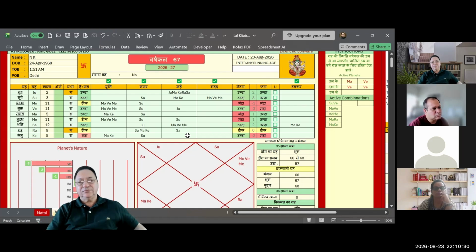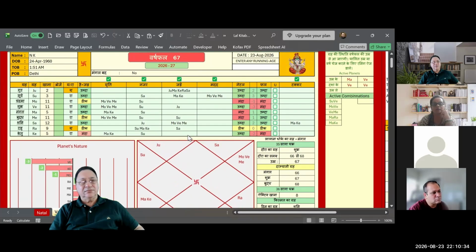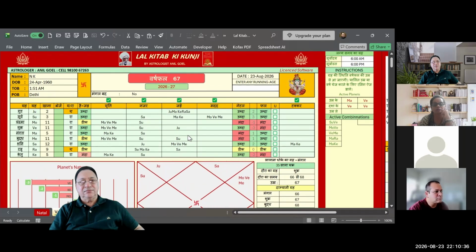Okay, understood. So what is that column under the current date, like enter any running age? Good, you reminded me. This is coming automatically because this is the 67th year. But supposing he comes to me at the end of the year, and I want to see the 68th year or any other year, for example.